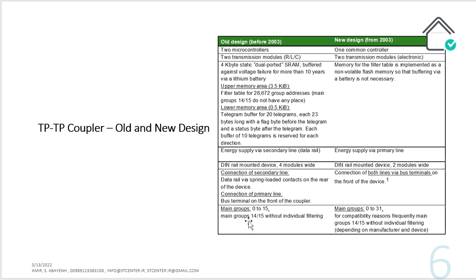Of course, we should consider this fact nowadays when we set the parameters in a line coupler related to the old ones. So there are some key differences between before and today in couplers.